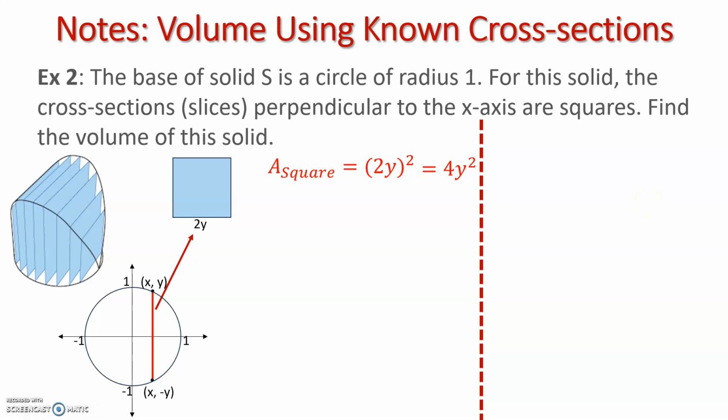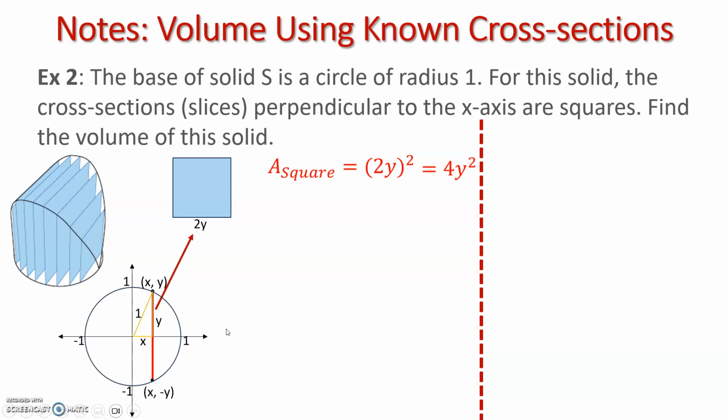Now, just like before, the goal is to get this area function in terms of x. So if we look over here at our two-dimensional model, we see this triangle relating our x and y. We know the bottom of the triangle here is x, the vertical distance is y, and this diagonal for the triangle is the radius of that circle, which is 1.